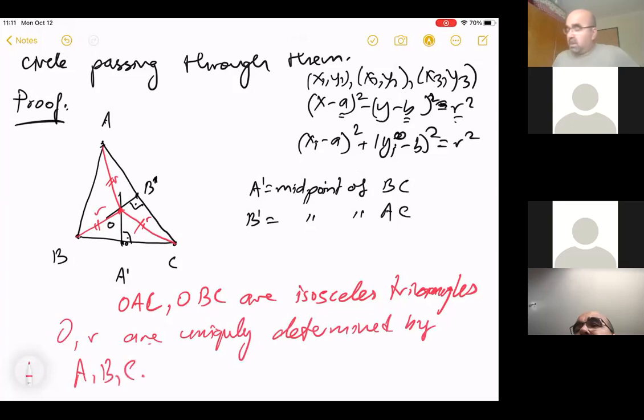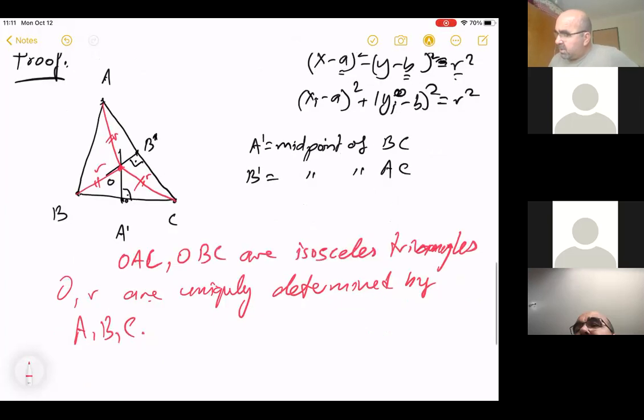Therefore, the circle with center O and radius R will pass through these 3 points.